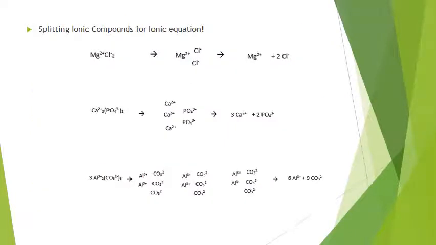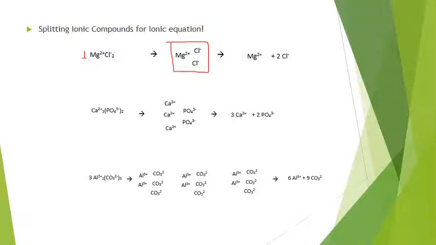All right. So what I want to do is go over some of the splitting apart of ionic compounds. So let's say you have in the equation 1 MgCl2. Okay, so you could write it out like this.